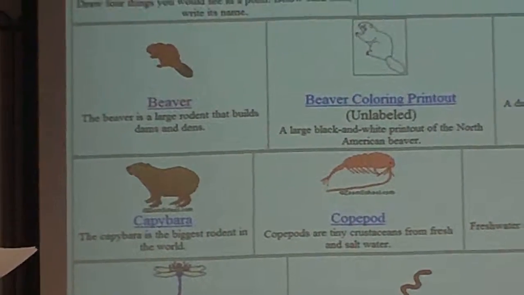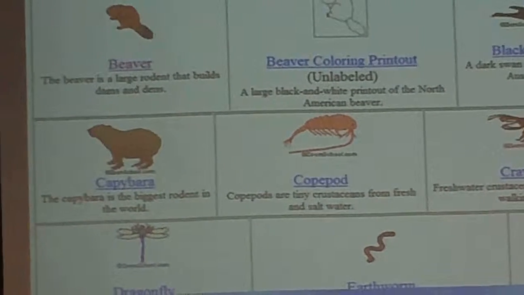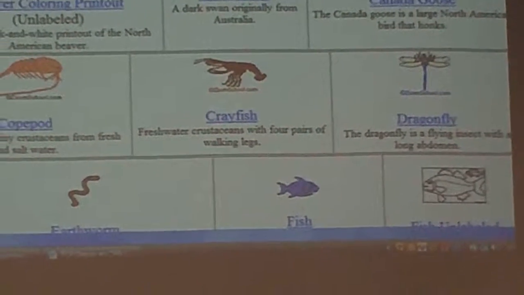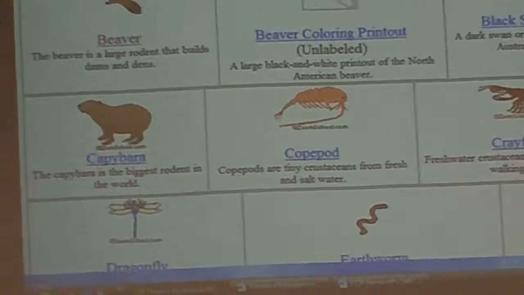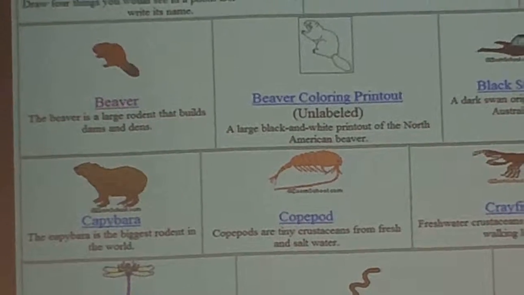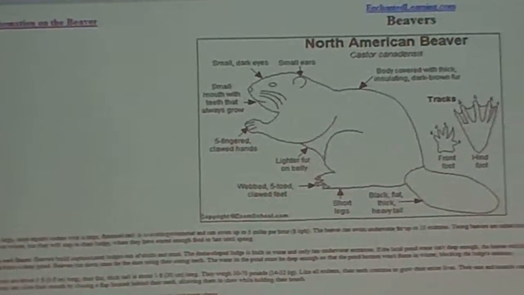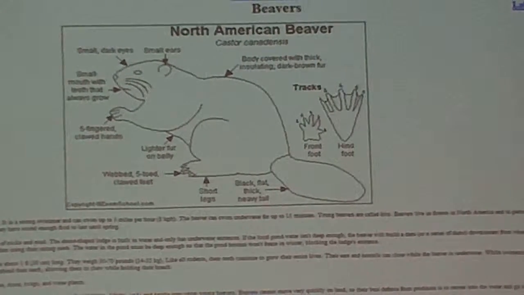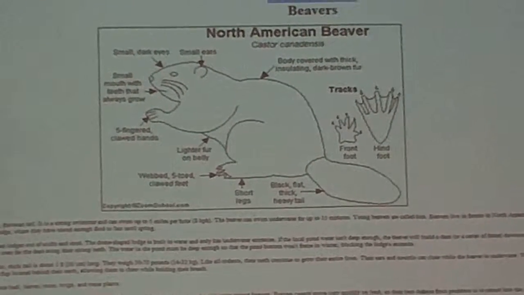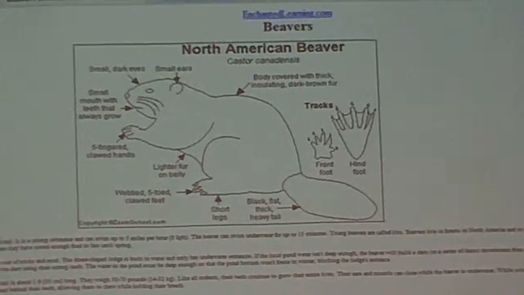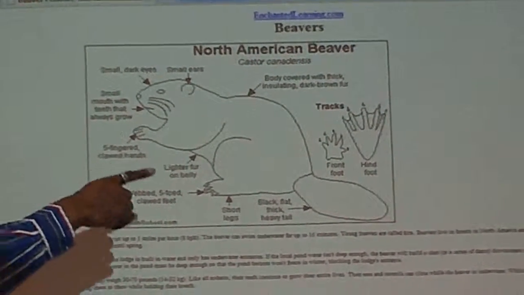All of these animals are known to breed and have their habitats in the wetlands, which is why they're on this page. I just took a random animal, beaver, and this is what the slide gives you on the internet. Once you click on it, it gives you all the detailed information.